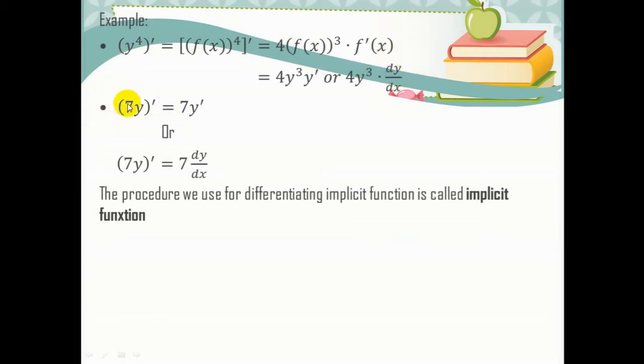Another example: (7y)' is 7 times y prime, and y prime is equal to dy over dx. This procedure is called implicit differentiation.